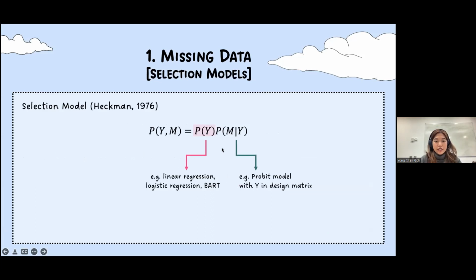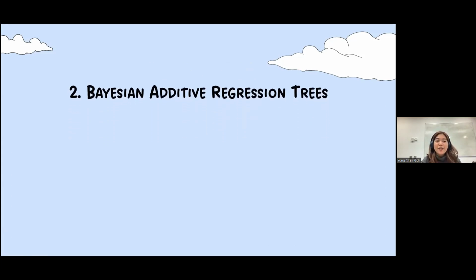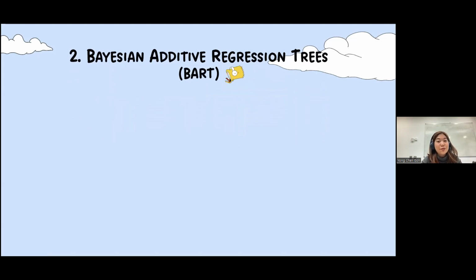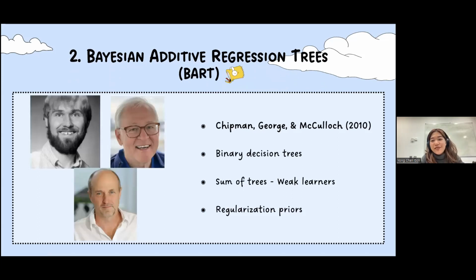So the next part that I'm going to talk about is how we model the data. We do that using something called Bayesian Additive Regression Trees, or BART for short, if you haven't already noticed the Simpsons scene. BART was developed by these three guys.